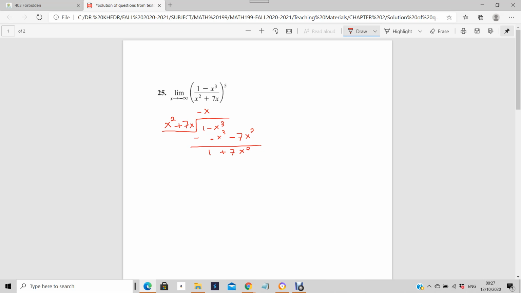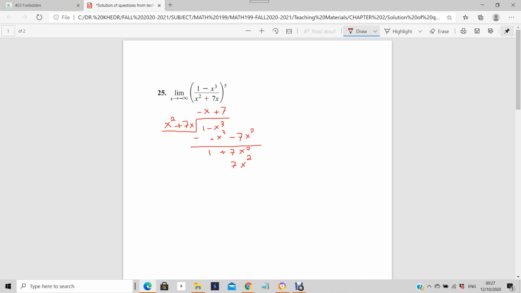Okay. Now you divide this highest power by this highest power. So 7x squared divided by x squared is plus 7. And you perform the multiplication. Then 7 times x squared is 7x squared.